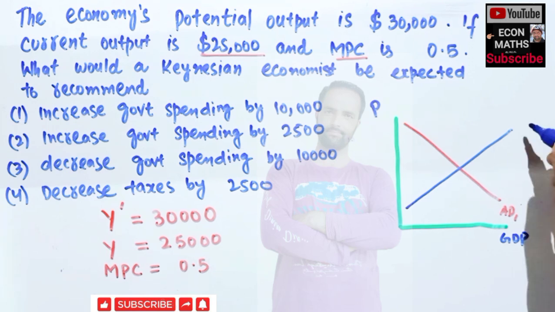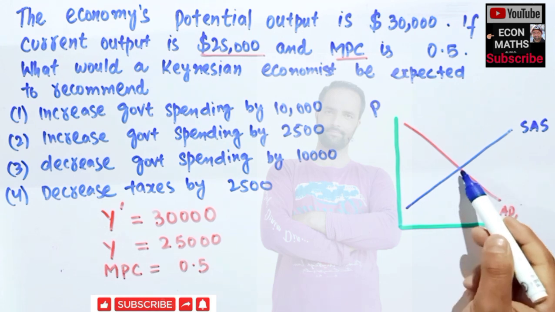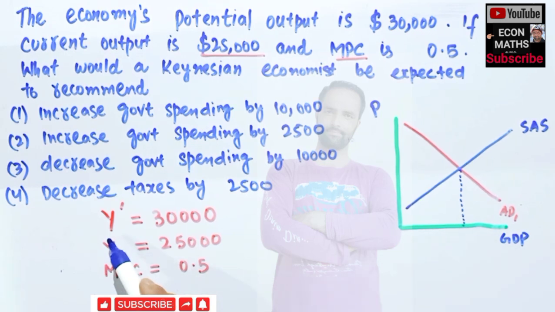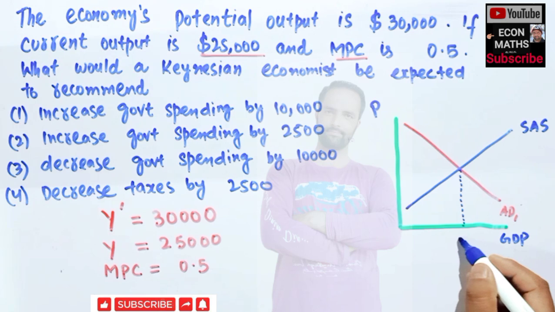The intersection of these two gives us the current output, which is $25,000. That's our y.